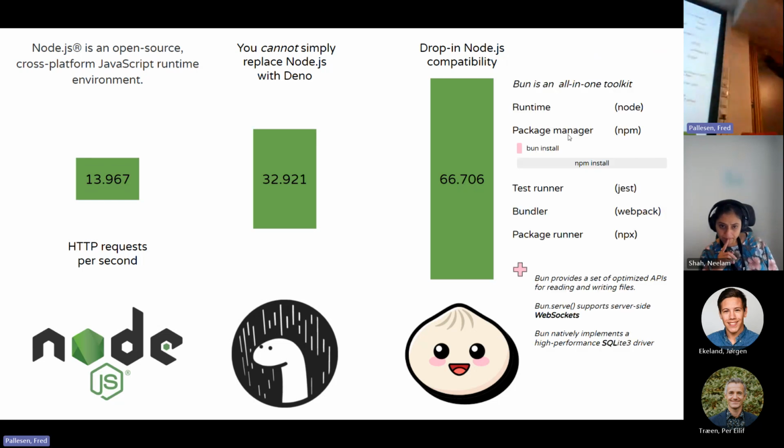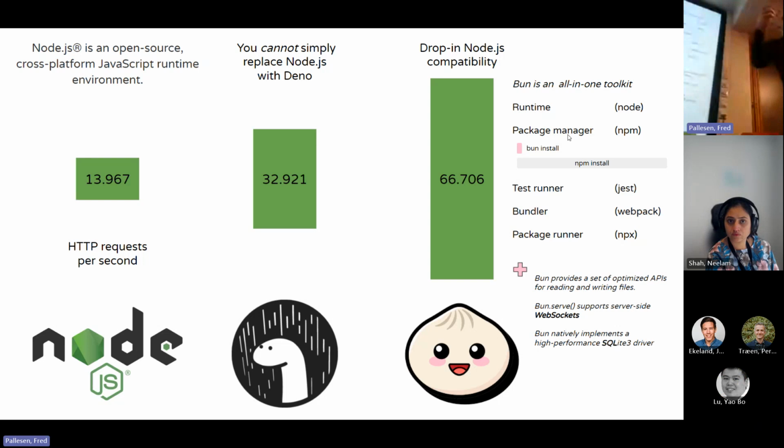And more than that, if you look at Bun, it's an all-in-one new toolkit. You have the runtime that is so fast compared to Node, but it also includes the package manager. And people, when they are trying it, are like, did something happen or not? Because it's so fast. I mean, you use npm install, or some use yarn.